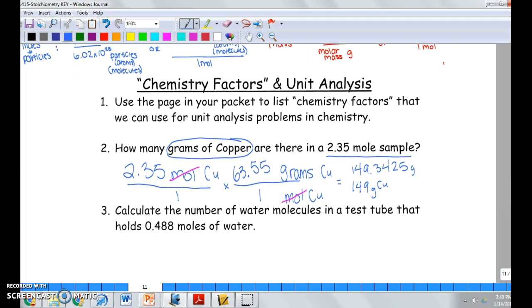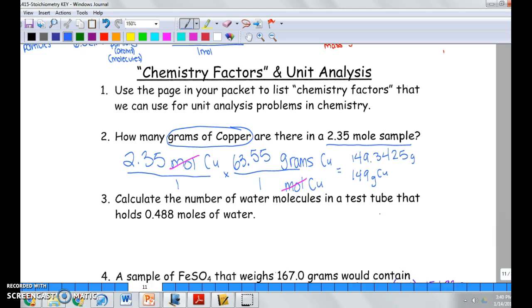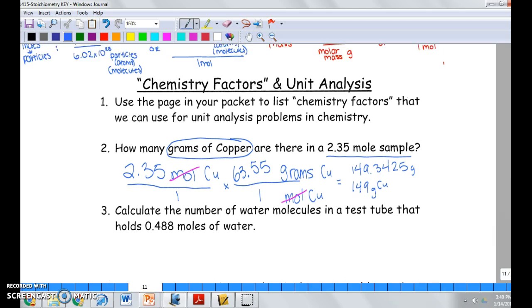Then I want to take a look at the next example, calculate the number of water molecules in a test tube. So I want to take my given value and put it over 1, and I want to solve for water molecules. My given value is 0.488 moles of H2O over 1. And I want to convert from moles to particles.